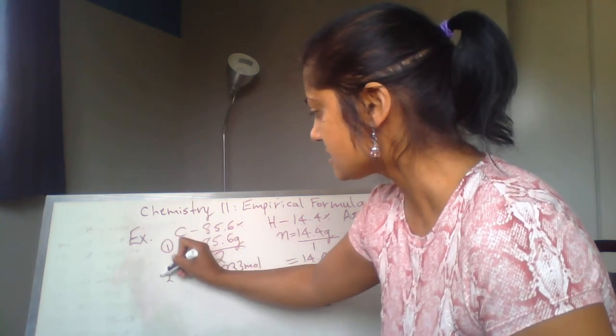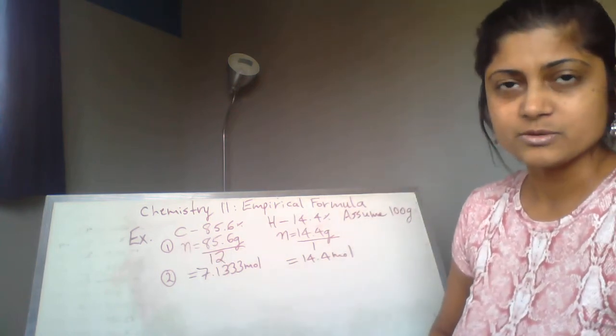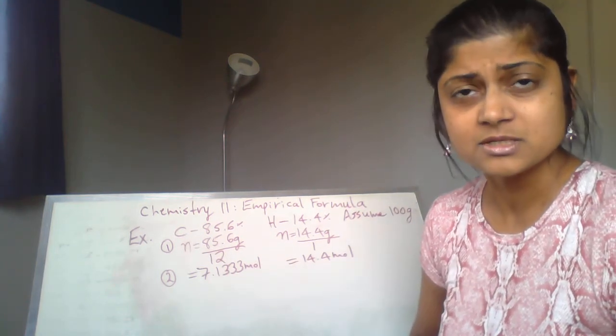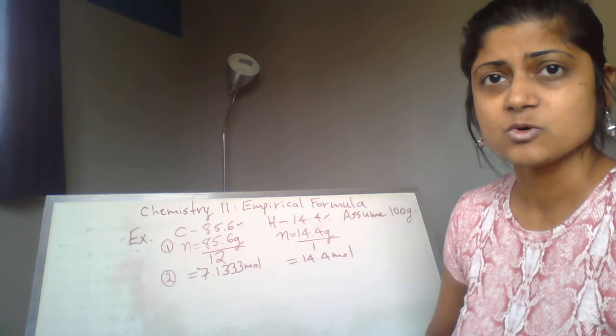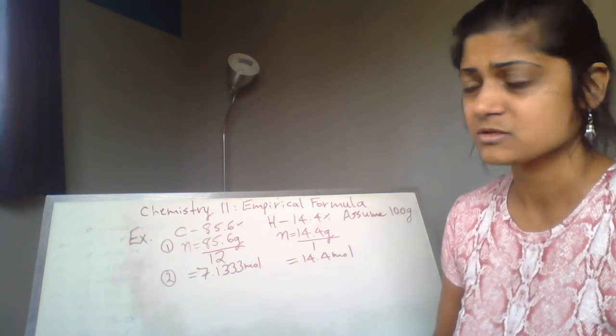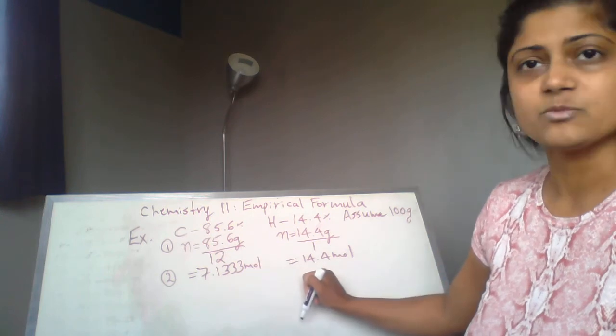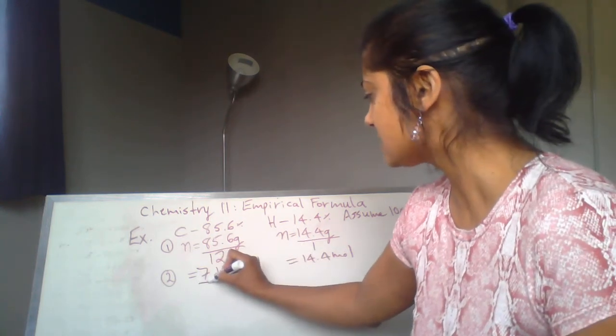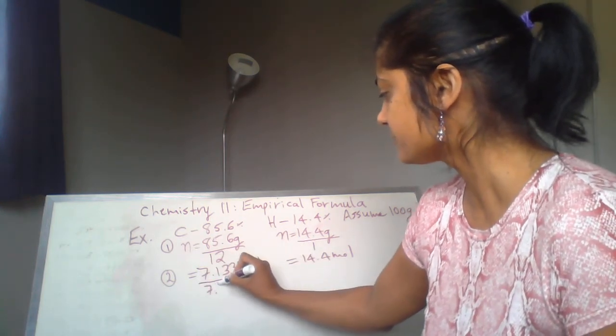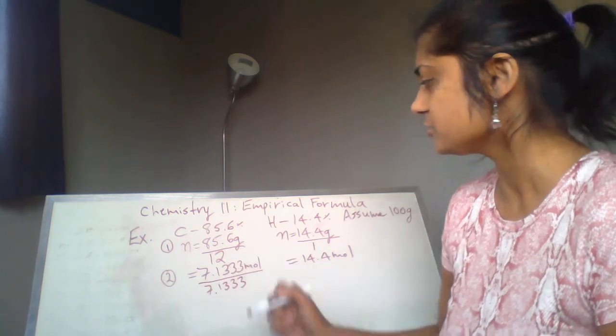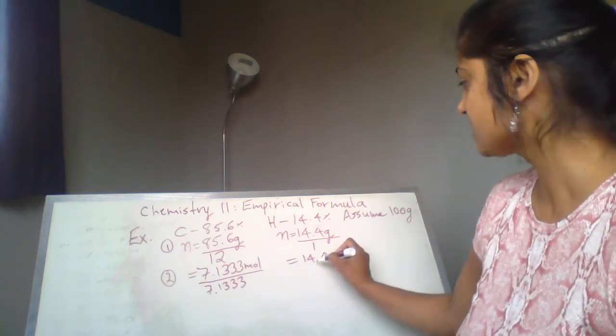In the second step, I'm looking at both of the moles. I'm going to divide both of these moles by the smallest number of moles. If you look at 7.13 and 14.4, I see that 7.13 is smaller, so I'm going to divide by that. For the carbon, I'm getting 1.